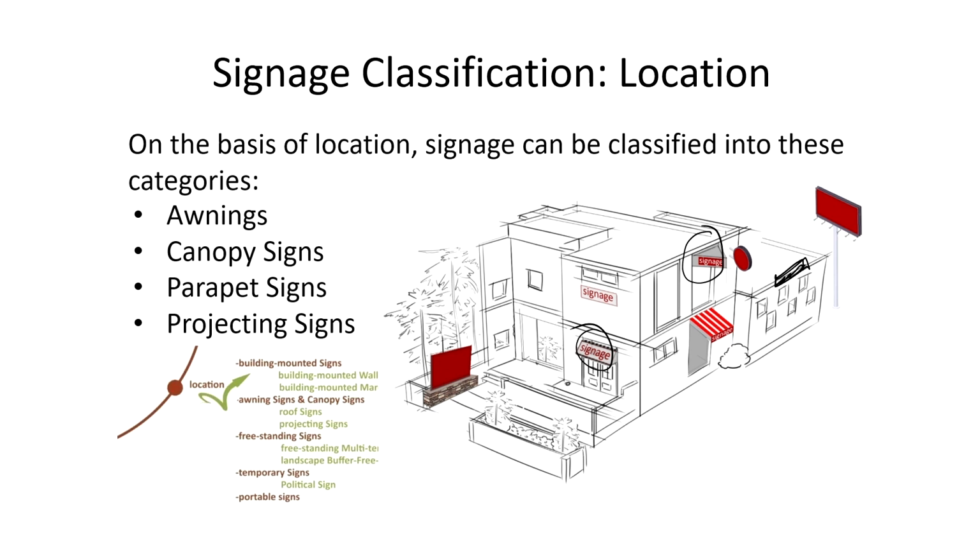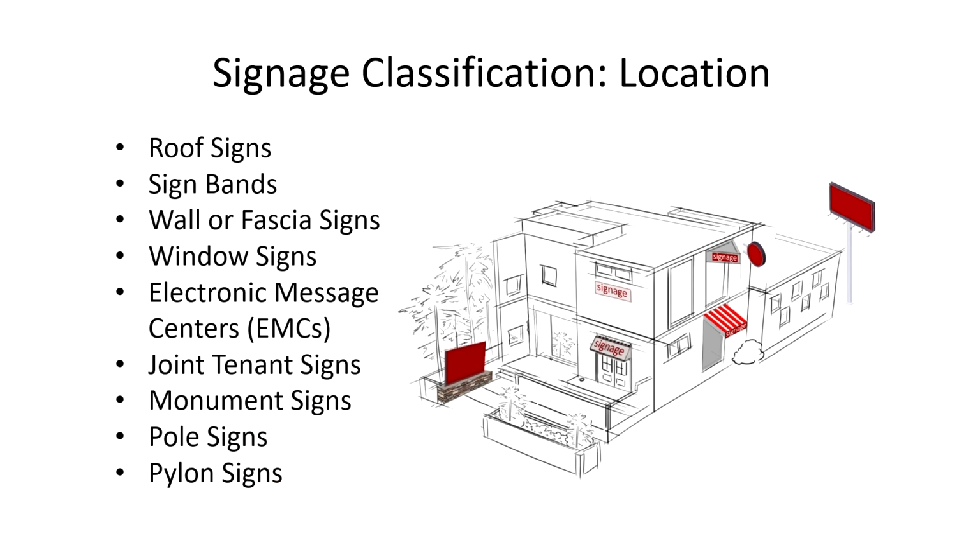The projecting signage is the signage which projects out of a wall; we call it a projecting signage. The roof signage is a signage which is located, for example, here. You would have seen various commercial signages located at the top of the roof. We call it a roof signage.